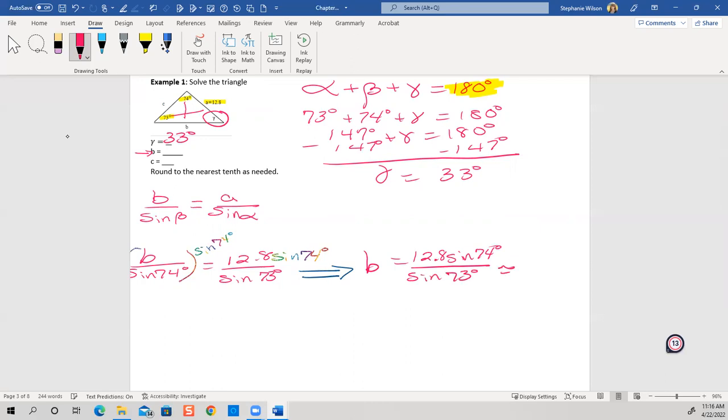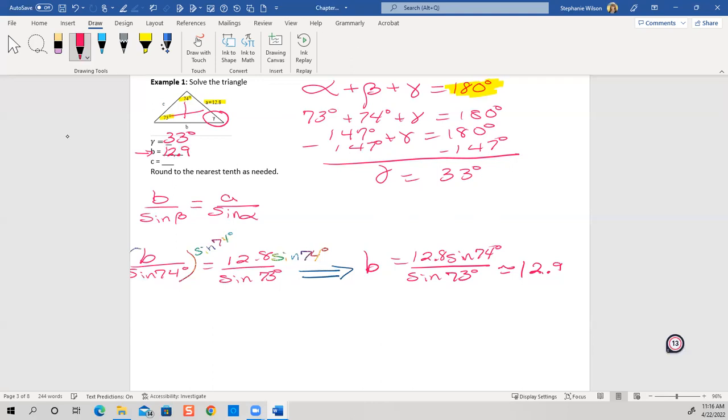So now when I plug this in my calculator, and make sure you're in degrees mode, and I'm going to round to the nearest tenth, I got 12.9.